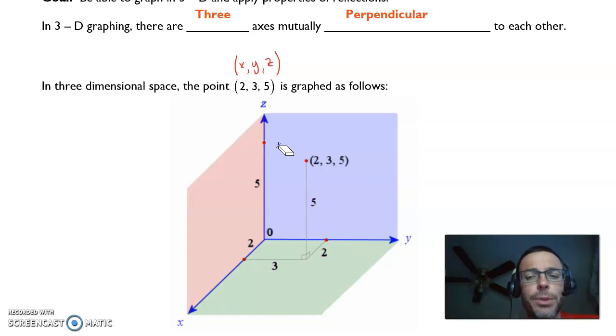When we're dealing with three-dimensional graphing, we're looking at X, Y, Z. So the Z coordinate, our new coordinate, is always the third coordinate. You have to be real careful in plotting these ordered pairs so that when we're going 2, 3, 5, it's 2 in the X. Make sure you're identifying your X-axis. 3 in the Y, that's the Y-axis, and from there, 5 in this case in the Z direction.